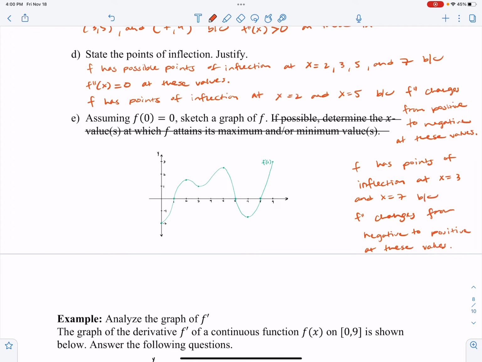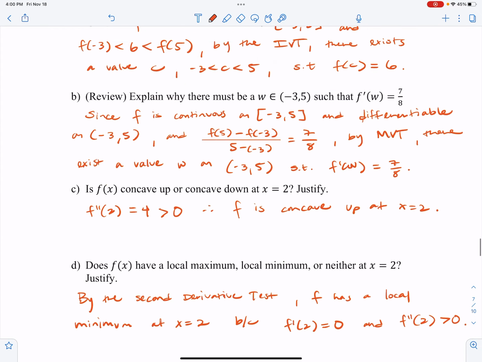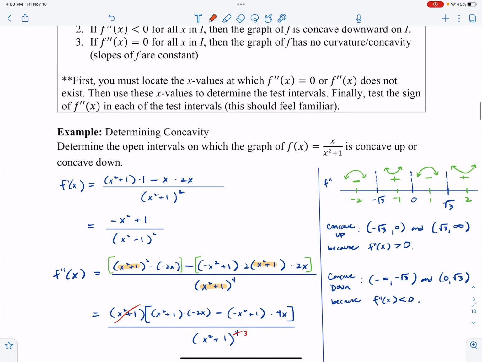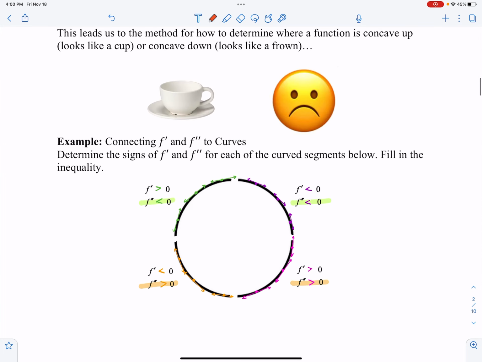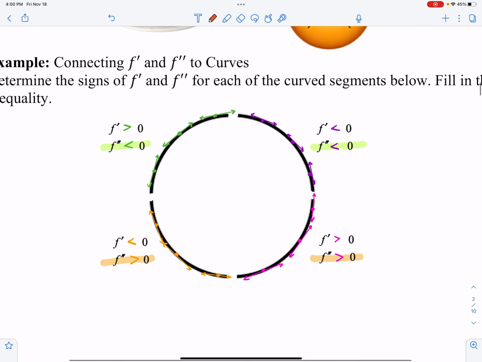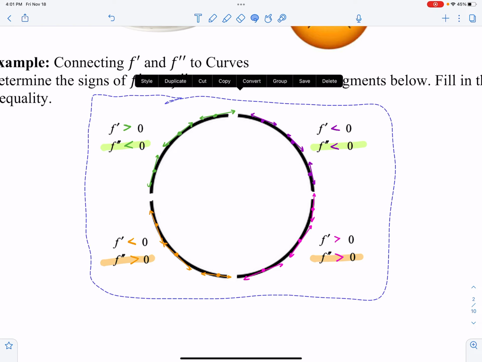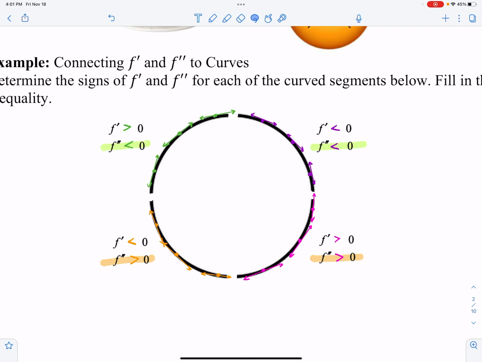To do this, it might be helpful for us to reference the example that we did up here and what the curve looks like based on the sign of f prime and f double prime. I'm going to copy and paste this to use as a reference.